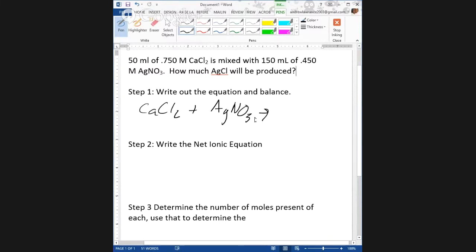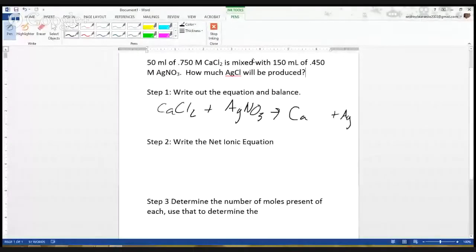Because I see that I have two ionic compounds starting off, I know that this is going to be a double replacement. So my metals will stay where they are. So Ca, leave some space, Ag. Let's go ahead and make this larger so it's easy to work with. Oops, run out of space a little bit. And the partners will switch.